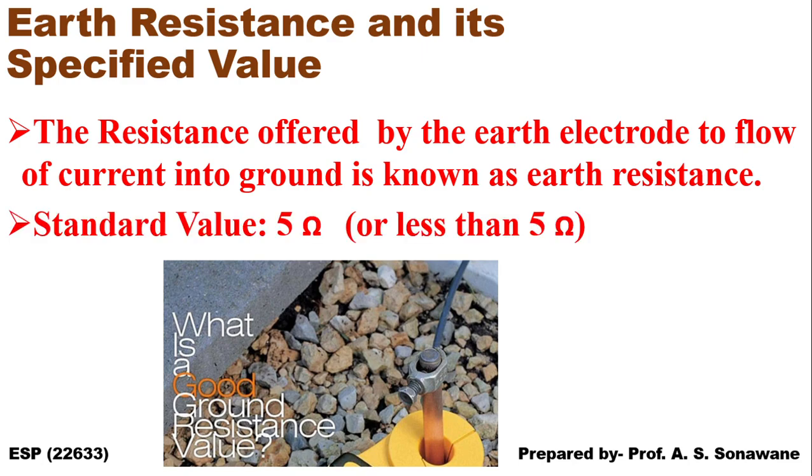So it is required for protection against lightning. Improving earth resistance is always a challenge for a power system, and by improving earth resistance the earthing system will automatically get improved. Now let's see how earth resistance can be improved.